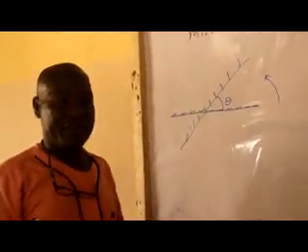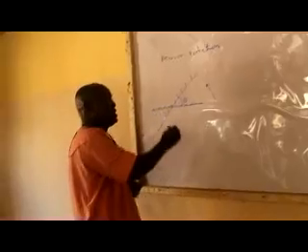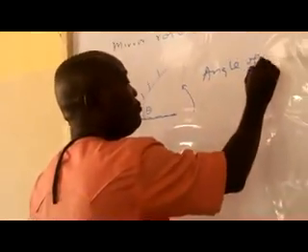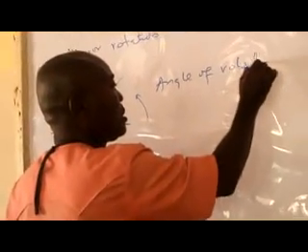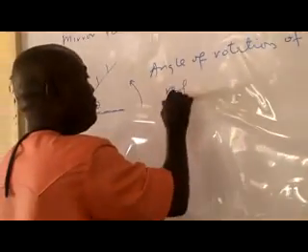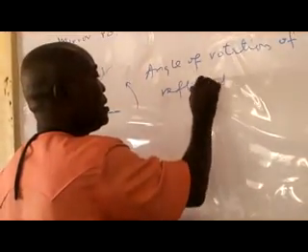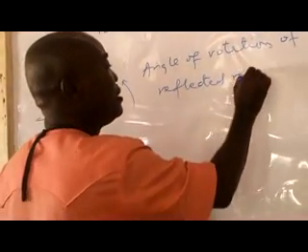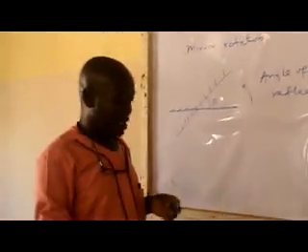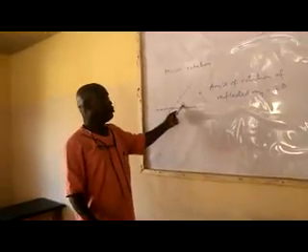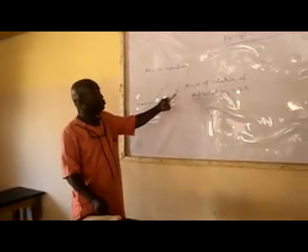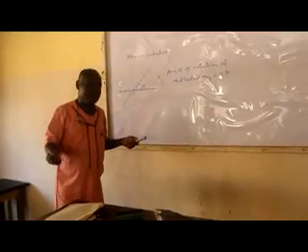Then the angle of rotation of the reflected ray is equal to 2 theta. So memorize this formula. If you rotate by maybe 20, what is the angle of rotation of the reflected ray? That is 2 times 20, equal to 40. It's going to be easier.